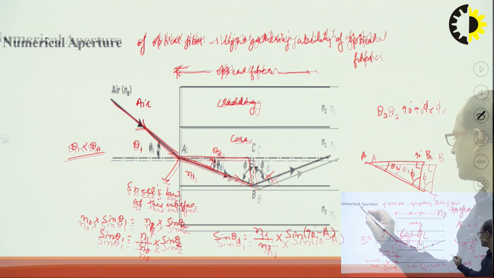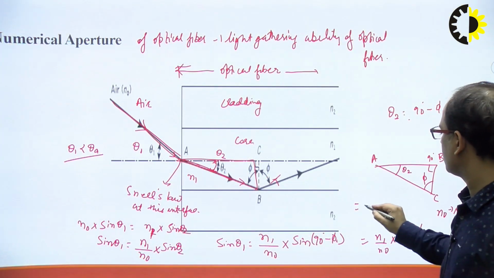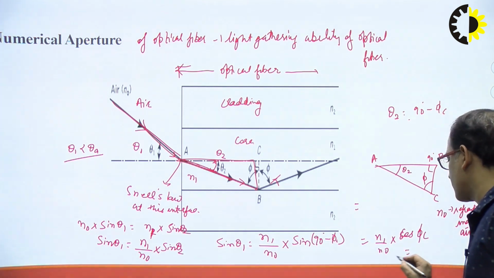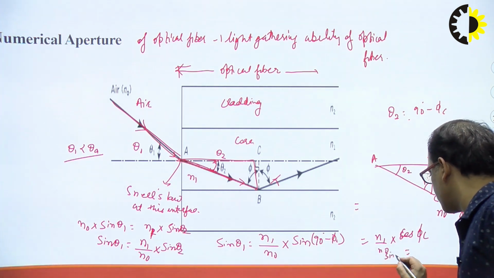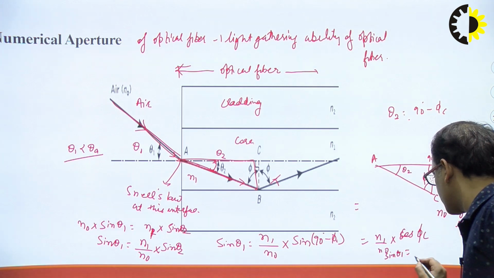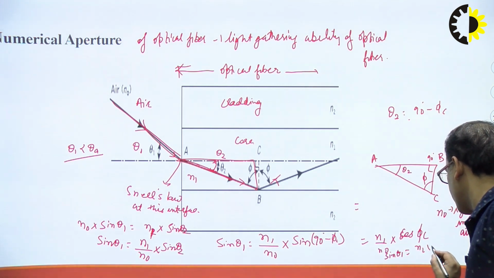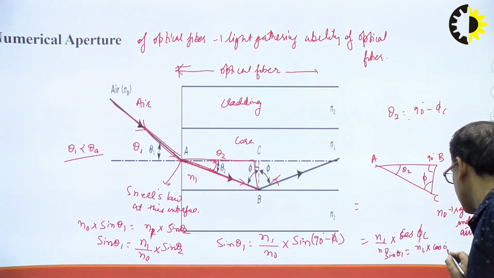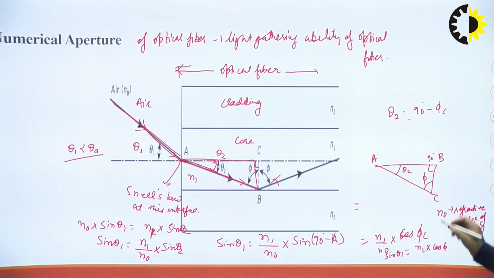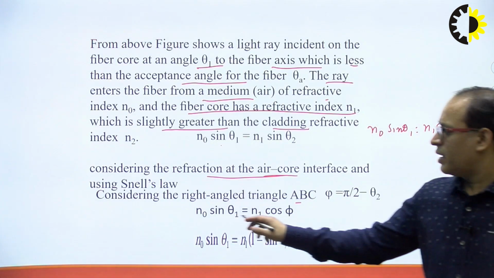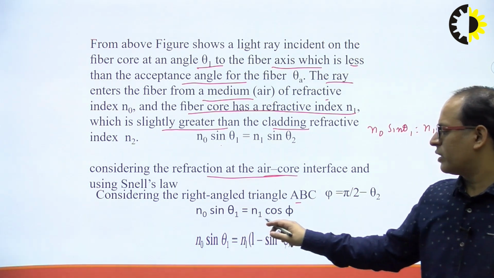So here we see that sin theta 1 is equal to n1 into cos phi C. Clear?